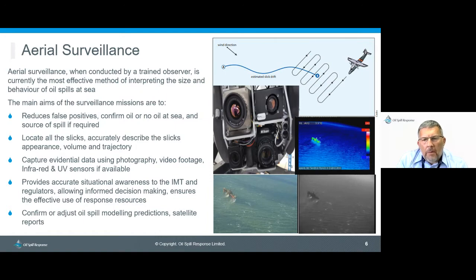It provides video footage. In this image here, that's a photograph, then we move on to a UV image, and then an IR image. When these images are taken at the same time in respect of an oil spill or a slick, they can really give you a good, accurate picture of the slick and its trajectory.